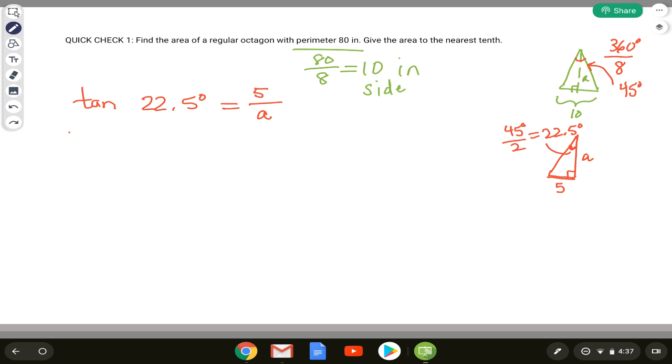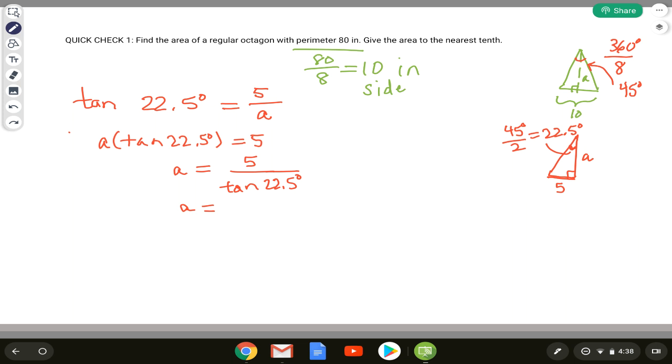So now I would solve this. I would have A times tangent of 22.5 equals 5. And then I would divide both sides by tangent of 22.5 to solve for A. Okay, when I solve for that, I will get about 12.071.